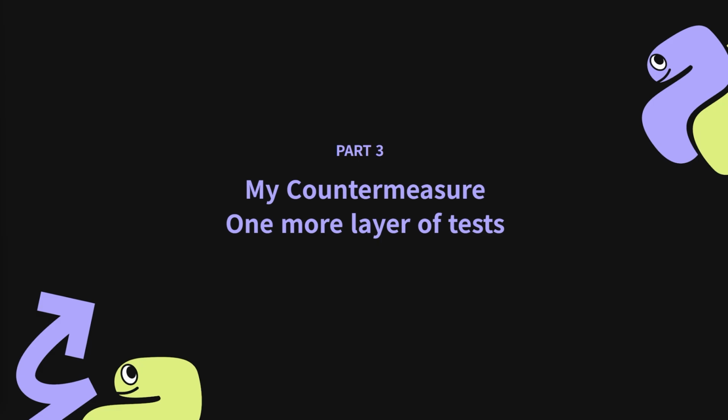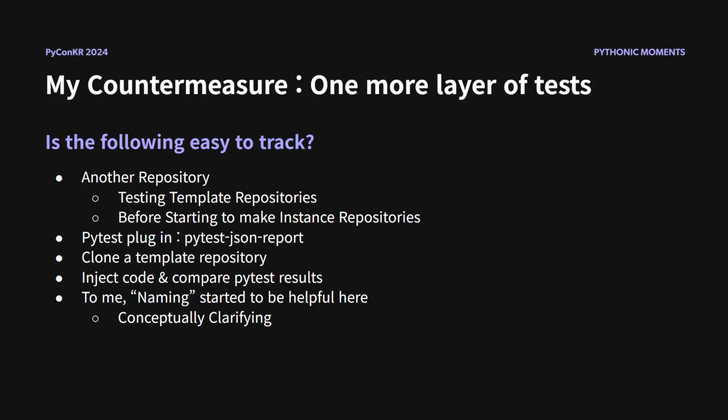However, on top of that, I wanted to make my own countermeasures, which is monolayer tests. So basically, here my product was the template repository for each assignment, and from there, each student's repositories are created.